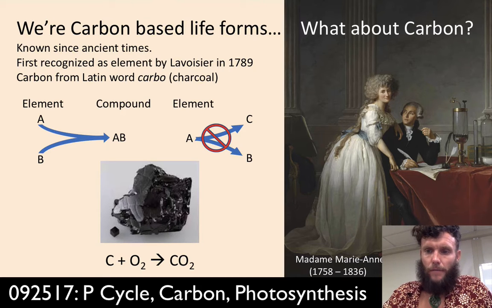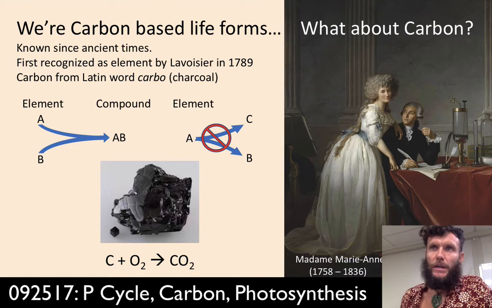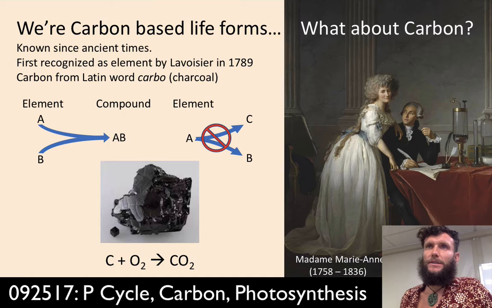On the right-hand side here, we see Lavoisier depicted with his wife, Madame Marie Anne Lavoisier. She does not get as much recognition as Lavoisier, because the studies were undertaken at Lavoisier's initiative, but she was instrumental and probably no less of a genius than Lavoisier himself.